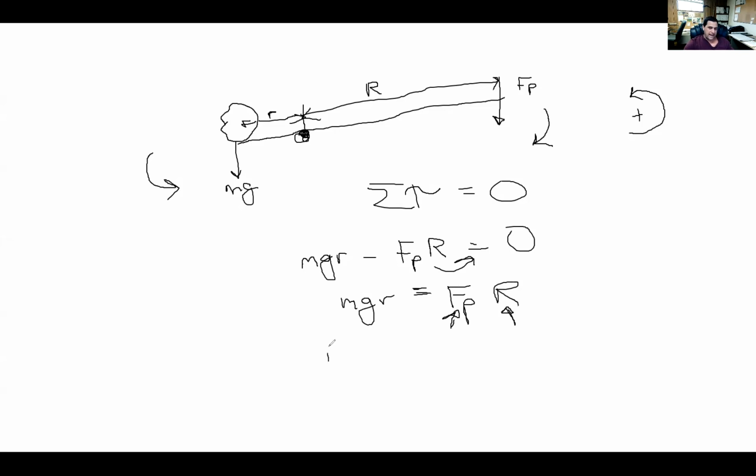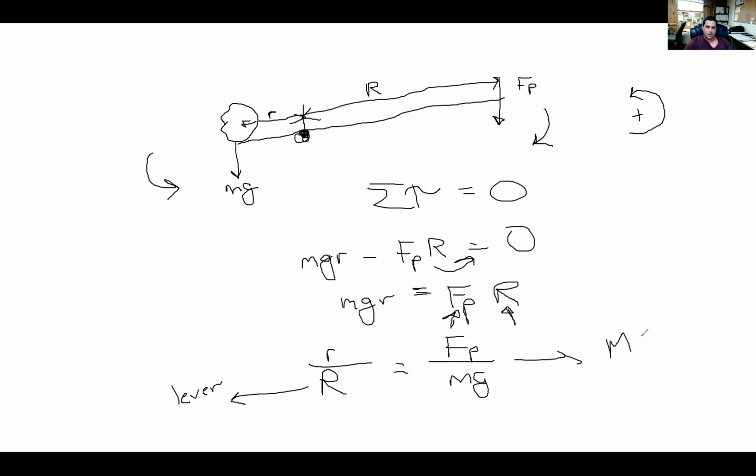If I were to take that smaller lever arm and divide it by the larger lever arm, so if I bring that over, I'm taking that pulling force and dividing it by whatever I'm trying to move. So this is the ratio of my levers.